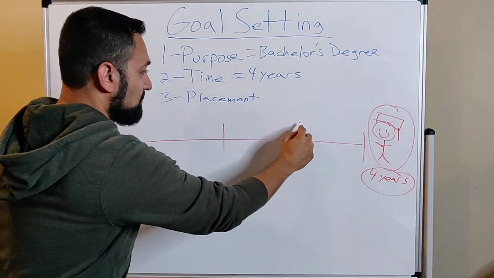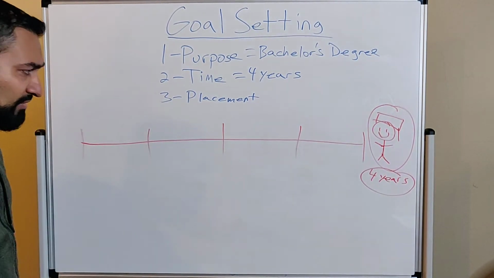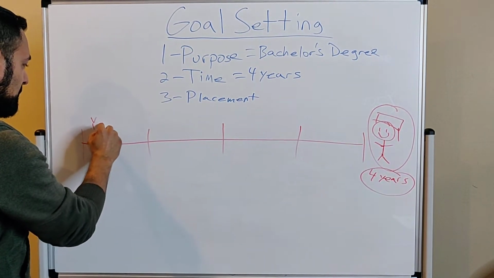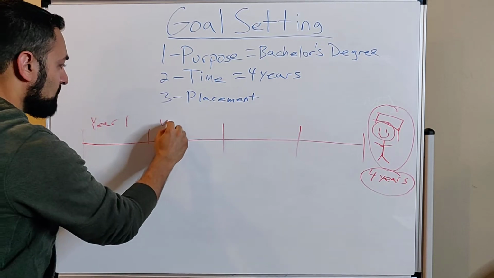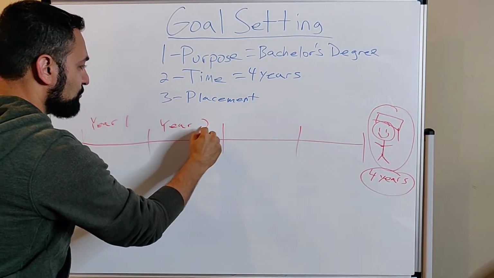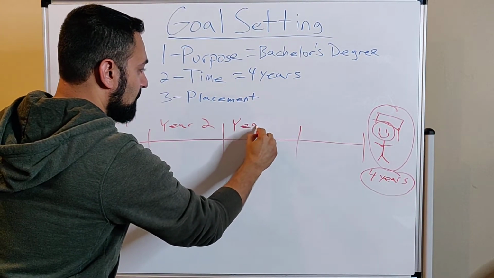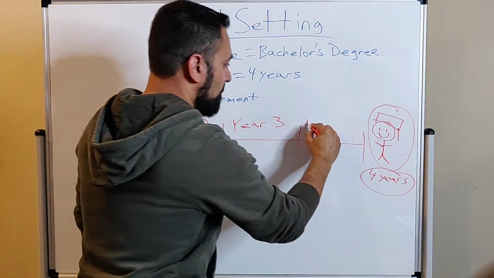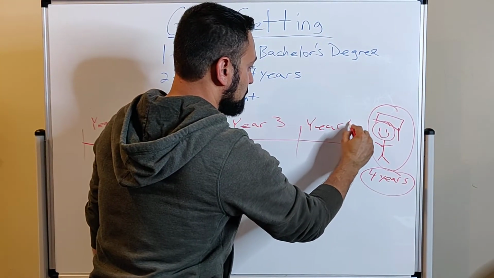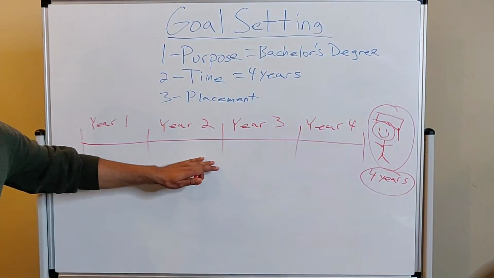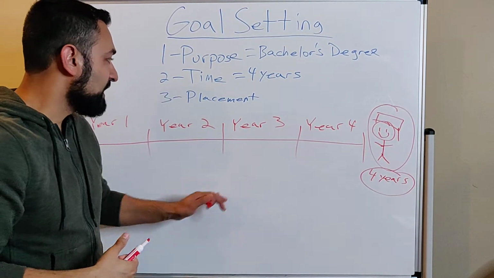So let's break this up, and let's call this year 1, year 2, year 3, and year 4, okay? We've established this much now, okay?